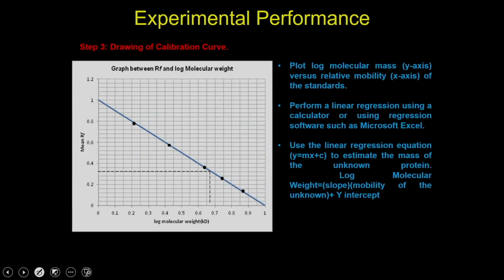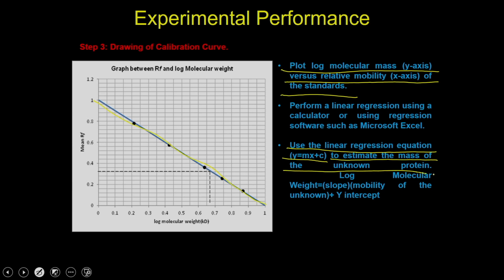Utilizing this, you plot the log molecular weight on the y axis versus the relative mobility on the x axis of the standard. So, what you are going to get? You are going to get a negative curve, and it is going to follow the equation y equals mx plus c. Using the linear regression equation, you can estimate the mass of the unknown protein.